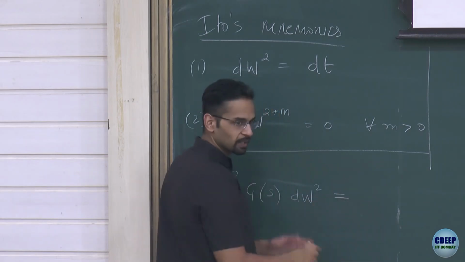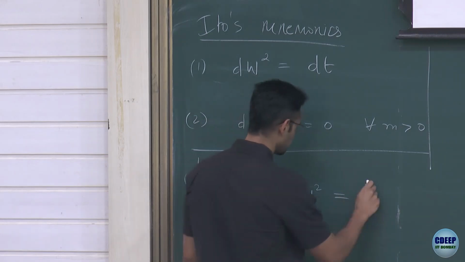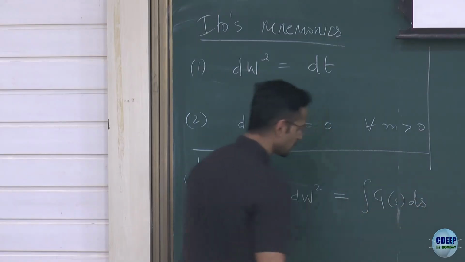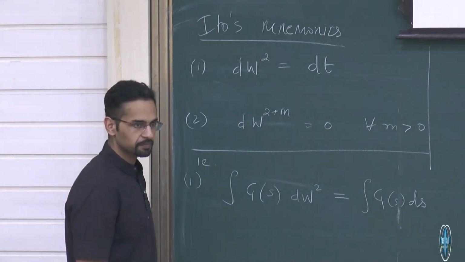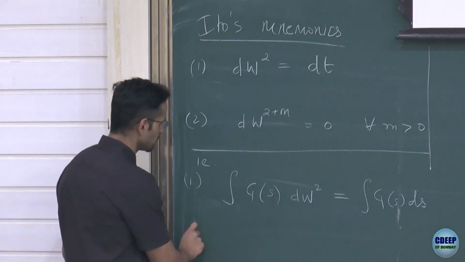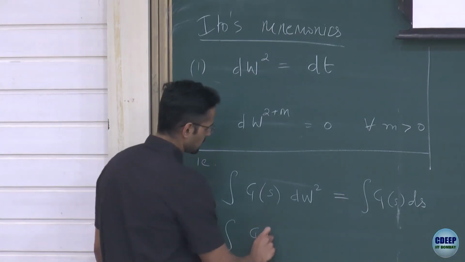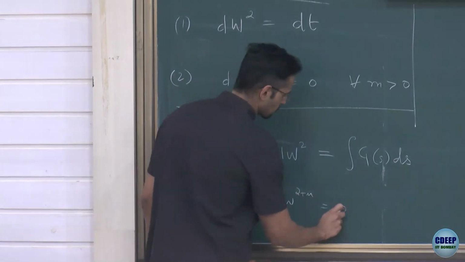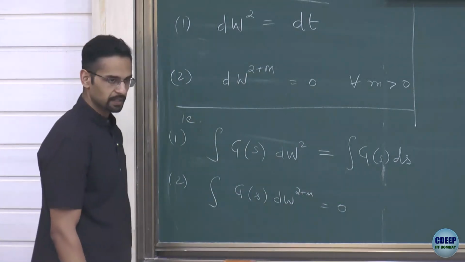But again, this equality means statistical, the mean square limit. And similarly, the second one means that the integral with dW to the power 2 plus m is 0, for any m greater than 0.